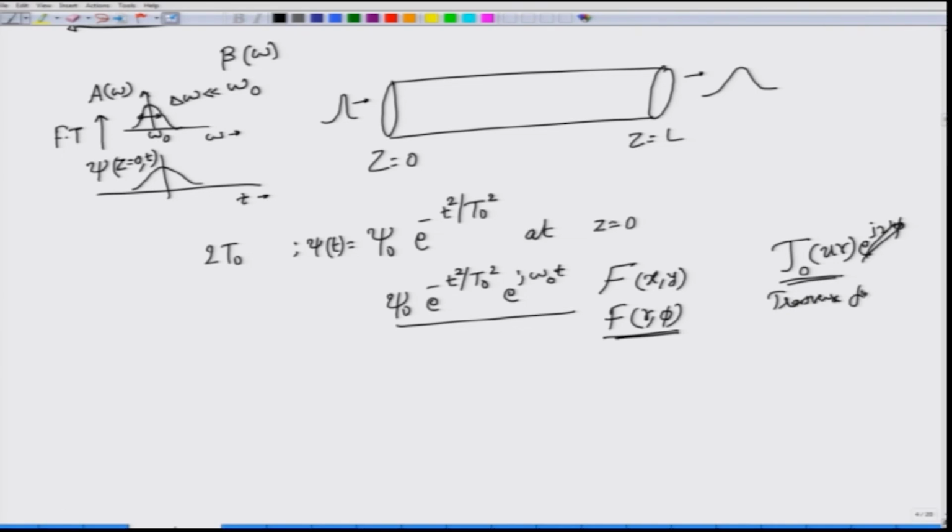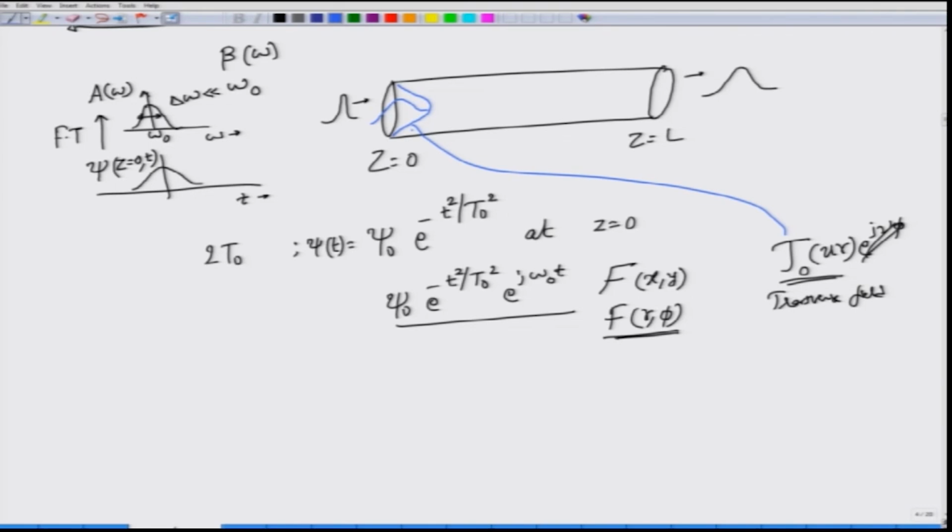We will assume that this transverse field distribution does not change. So, you have in the transverse plane a Gaussian type, or the J0 type, of a pulse. In time this would be varying as another Gaussian pulse. So, there are two different aspects going on.